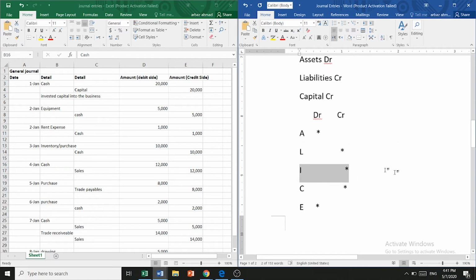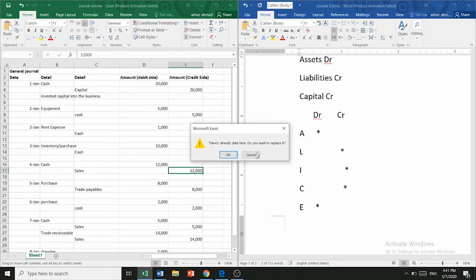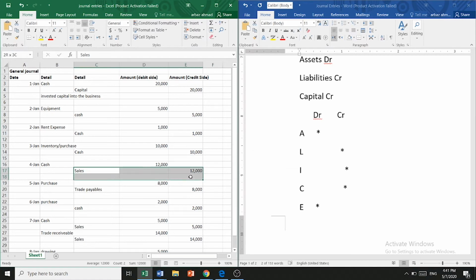So sales is credit. This is the transaction for sales, and for cash, we are receiving the cash, that means our cash account is increasing, that is why it's debit.